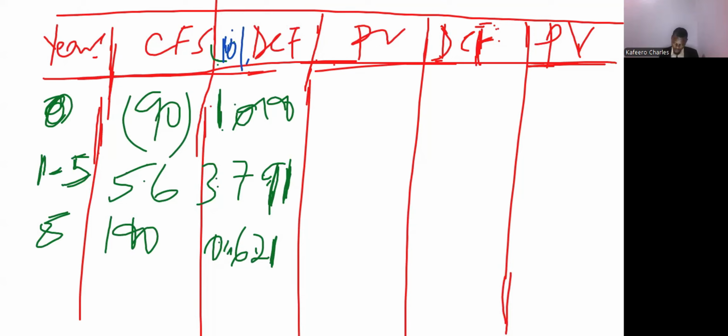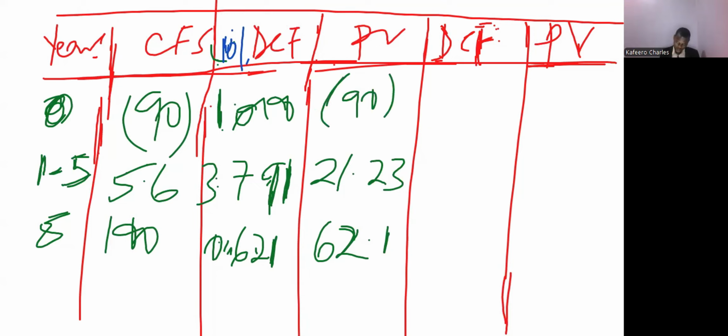When you multiply this, it is going to give you 62.1. Then you multiply 5.6 times the 3.791. It's going to give you 21.23. So this one is 90.